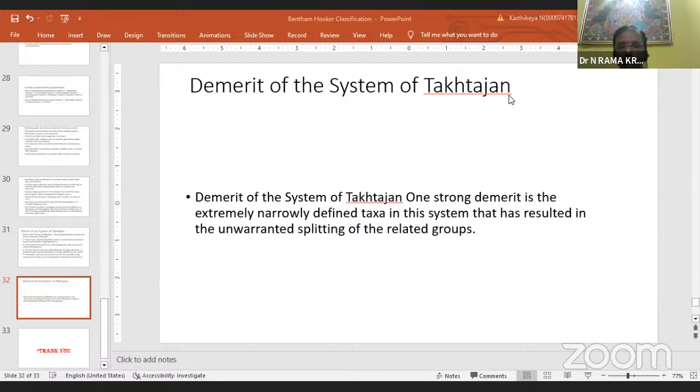When plants are classified by scientists for their convenience, using arbitrary or easily observable characters, the classification is called an artificial classification.